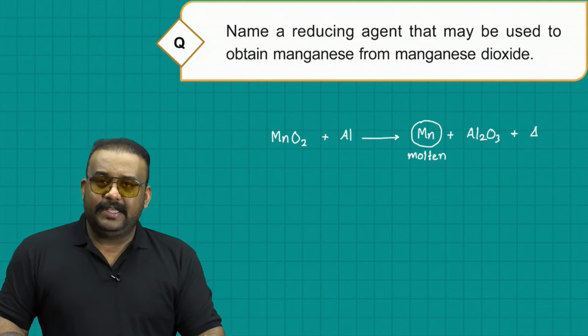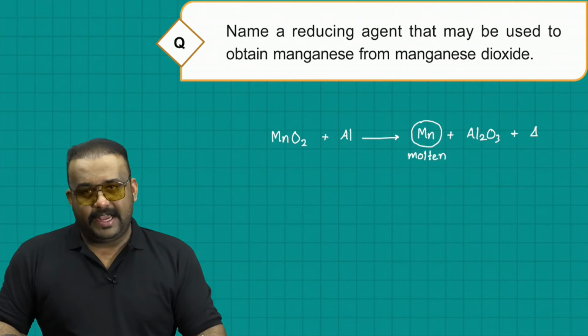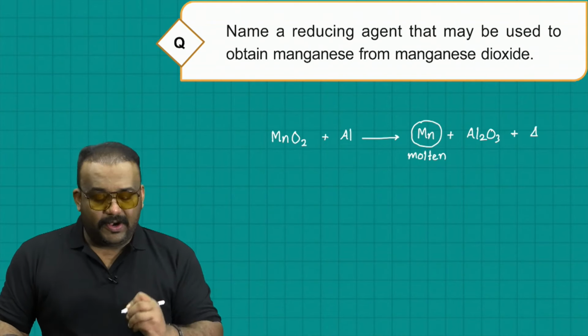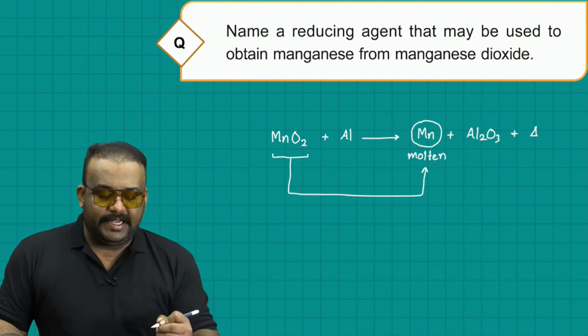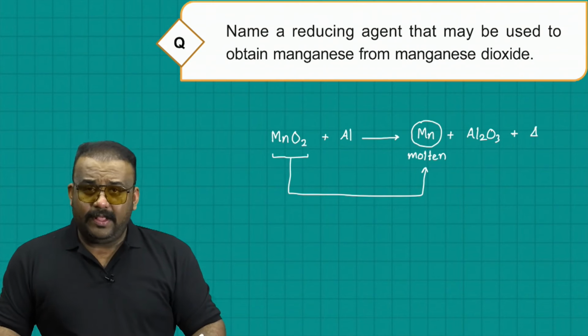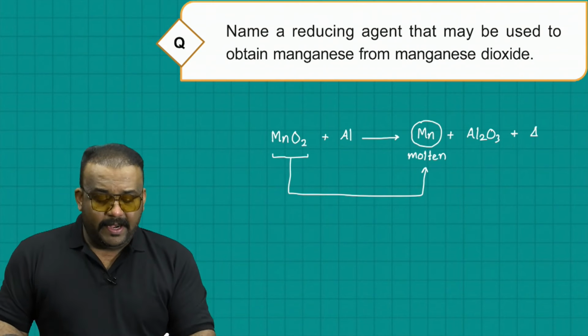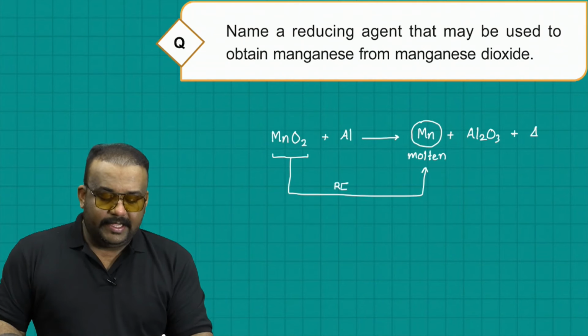Such a reaction which emits a large amount of heat is called a thermite reaction. And you have studied this in the chapter metals and non-metals. And this reaction is also an example for a redox reaction. Why? Because we can see that MnO2 is finally changing into Mn. And during this course of reaction, MnO2 is losing oxygen. And losing oxygen is called reduction.